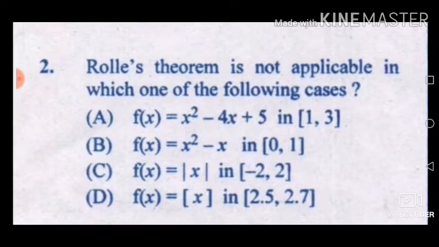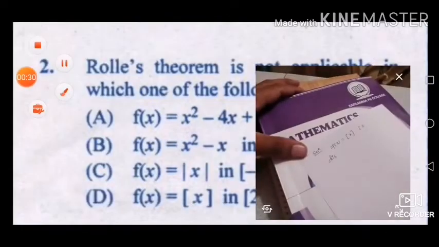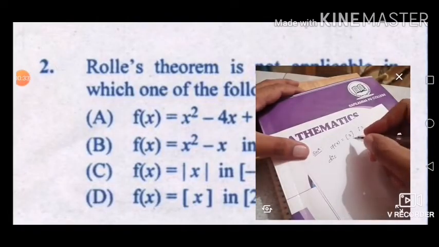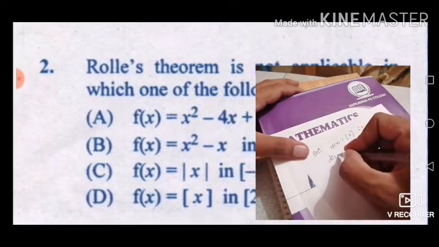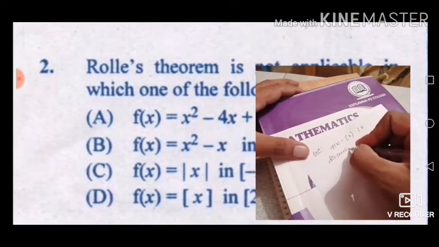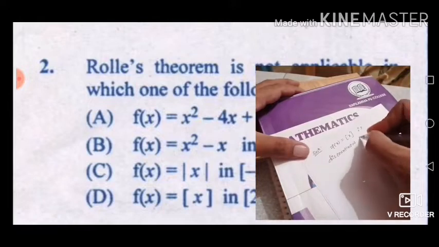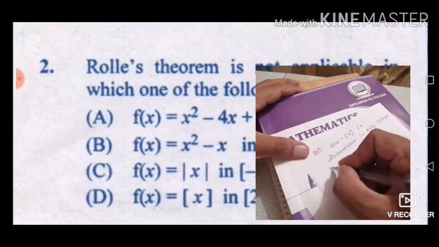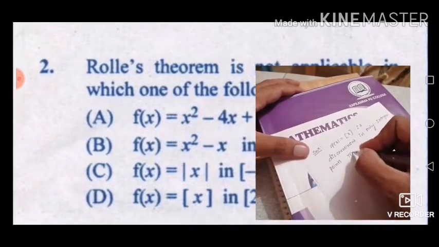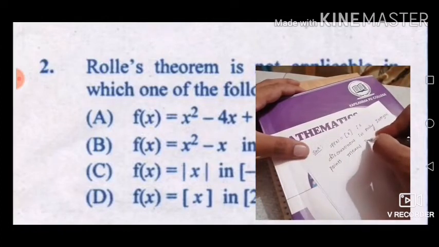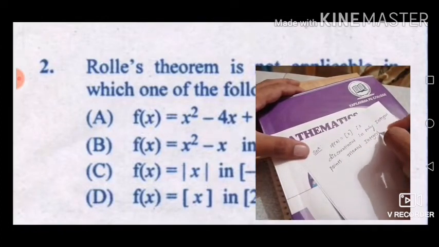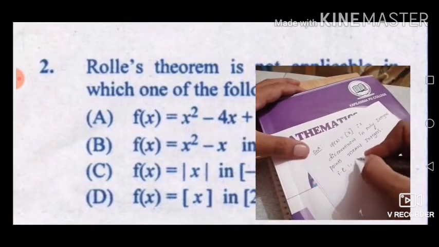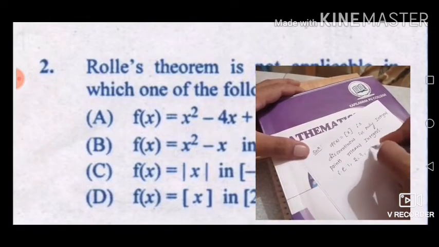When we check option D, it is the greatest integer function. f of x equal to the greatest integer function is discontinuous only at integral points, that is integers 1, 2, 3 and so on.